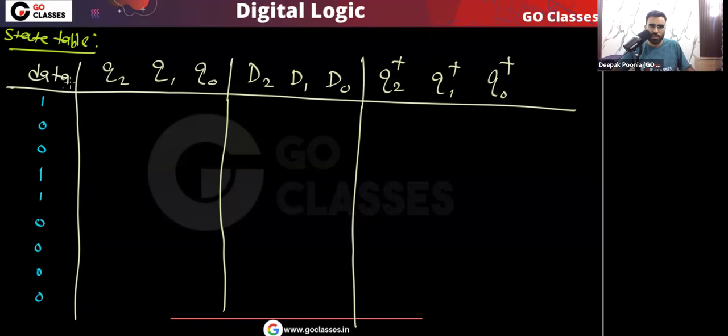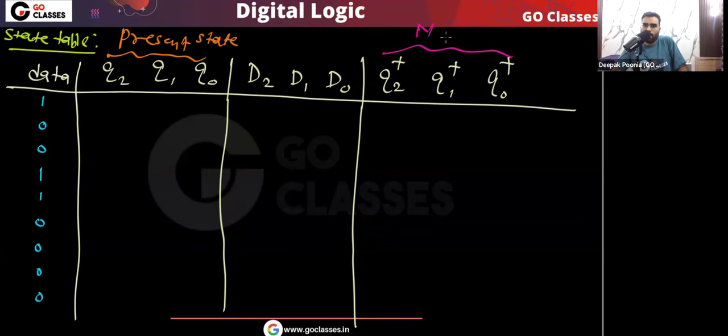This is the external input data, and in the next 9 clock cycles, this will be its value. Okay, simple. Now, what about the present state? Remember, this is the present state. Present state simply means the state of the circuit, simply means the flip flop output combination. Okay, so remember, this is the present state, this is the next state, and this is the flip flop inputs.